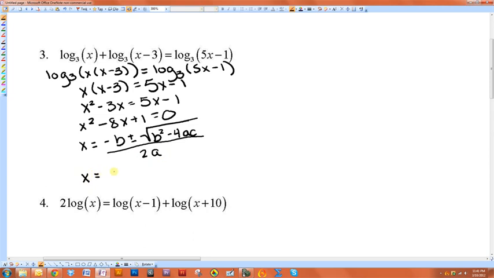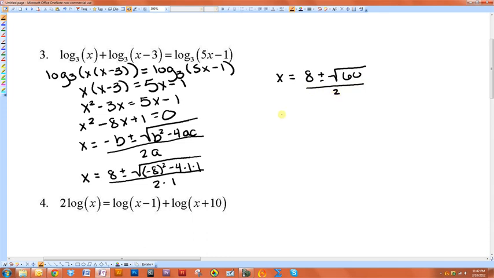So x is equal to 8 plus or minus the square root of negative 8 squared minus 4 times 1 times 1, all over 2 times 1. I'll complete it over here. So x is equal to 8 plus or minus the square root of 60 over 2.